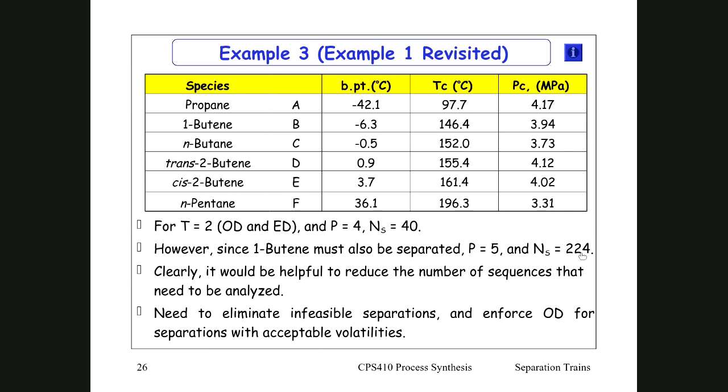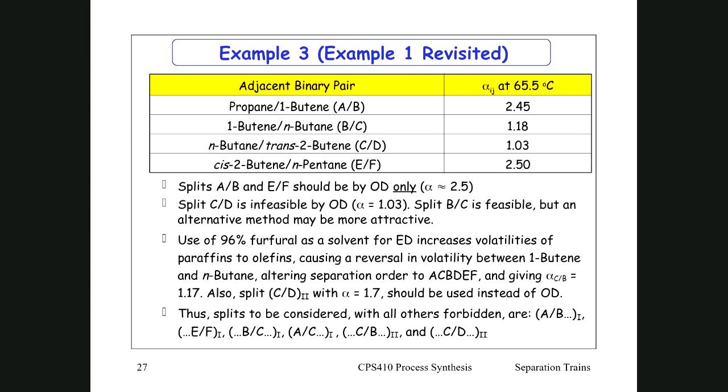So essentially you want to reduce the number of sequences, and you need to eliminate unfeasible separations and enforce ordinary distillations with separations with acceptable volatility.